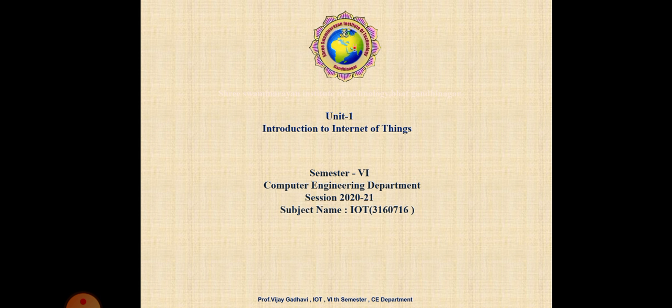In this subject, we cover a few practicals as per the GTU, Gujarat Technological University curriculum, in which practicals should be performed by you, that means students, using Arduino and Raspberry Pi boards and their software platform, which is available in our laboratory.